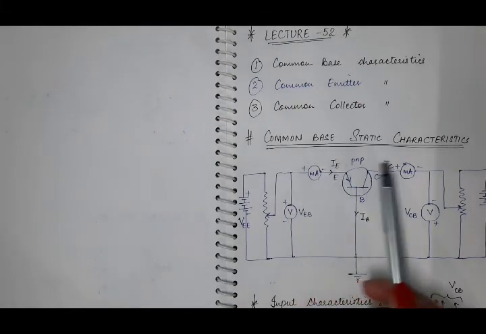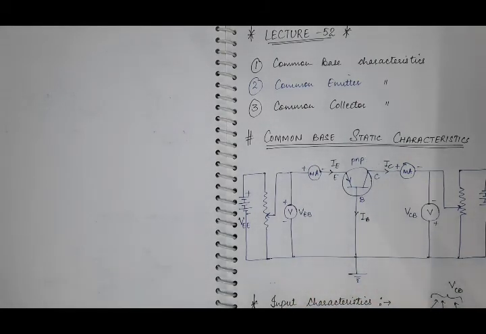Common base has input characteristics and output characteristics. Similarly, common emitter will have input characteristics as well as output characteristics. Similarly, common collector will have input characteristics as well as output characteristics. So we will study them one by one.